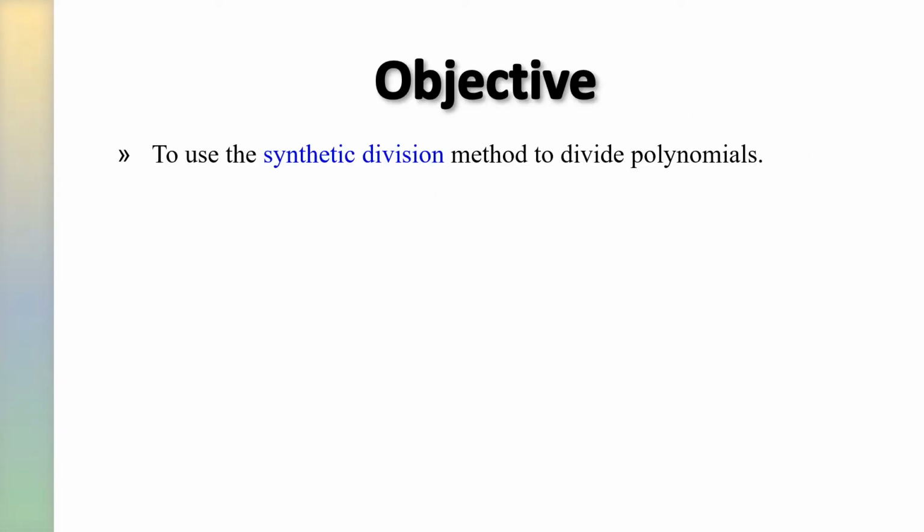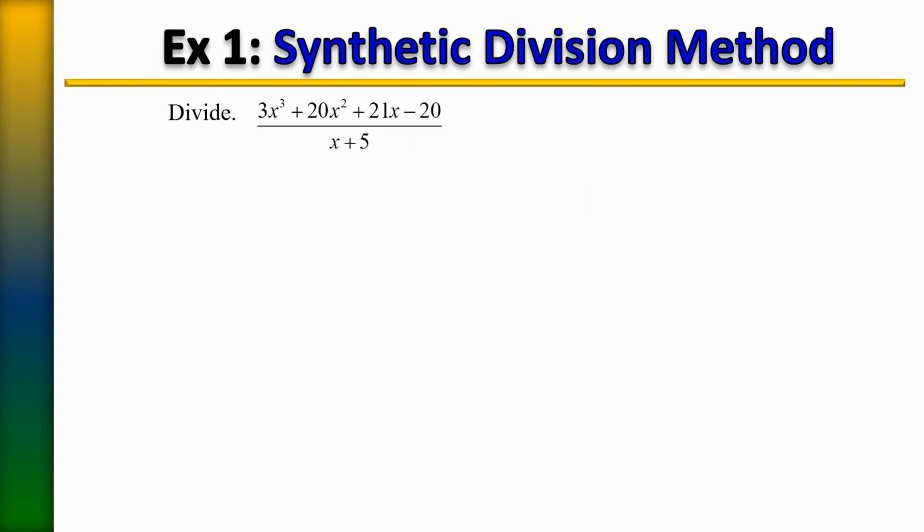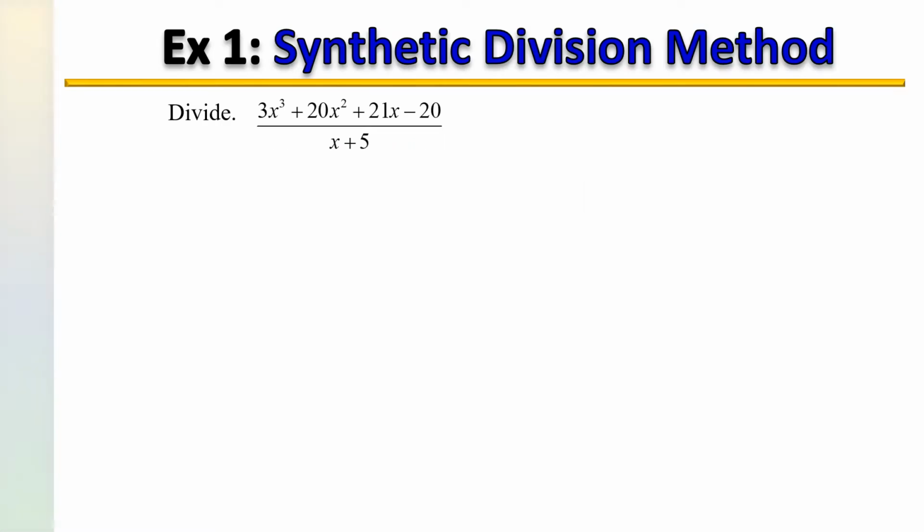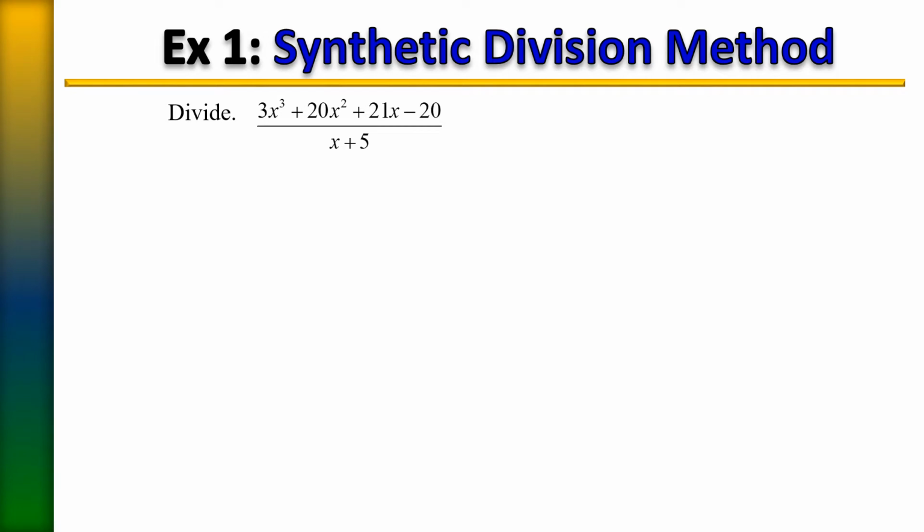In this lesson, we will use the synthetic division method to divide polynomials. The synthetic division method. So step 1, when you have your polynomials in fraction form, whatever number is on the top is going to be your dividend, the number that you're going to be dividing.